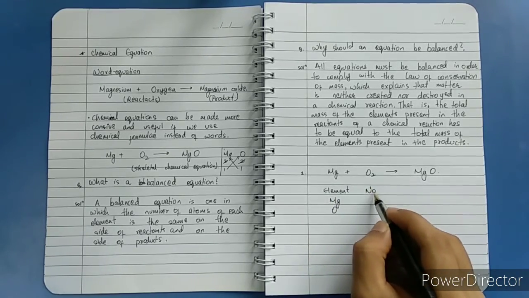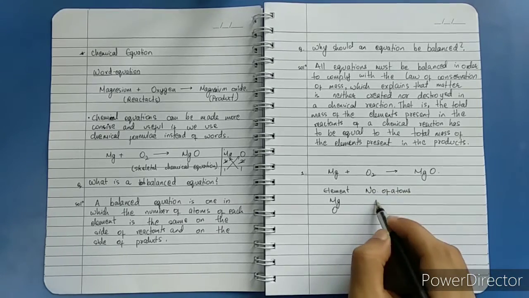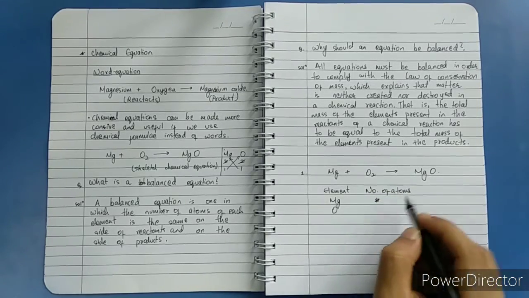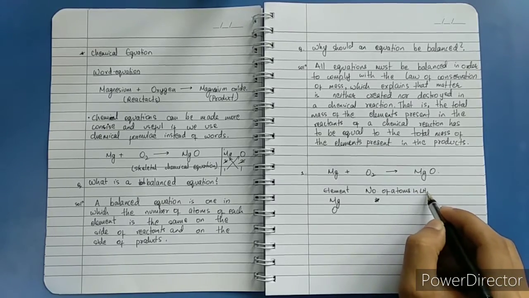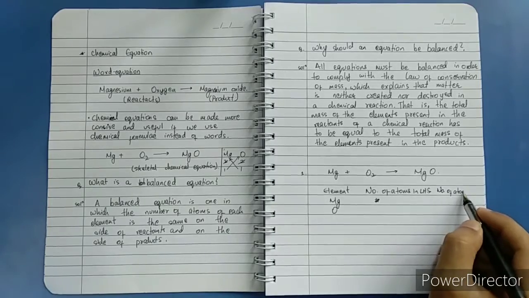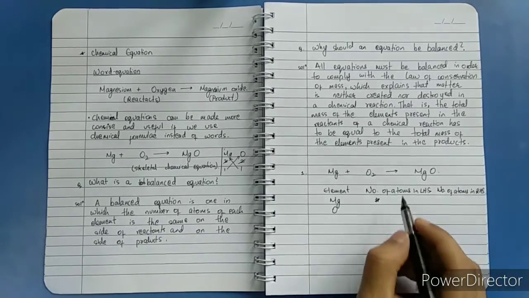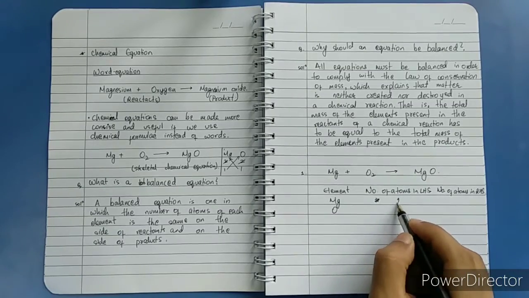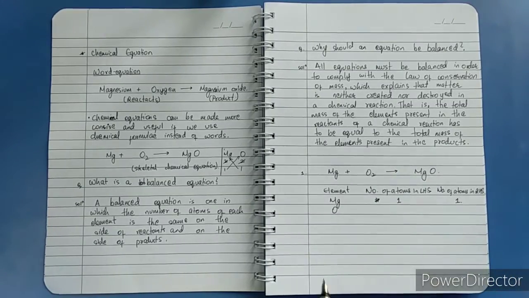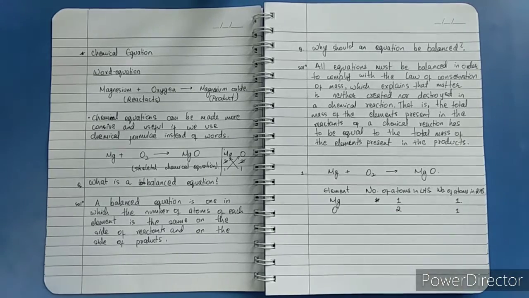Number of atoms in left hand side, number of atoms in right hand side. So in the left hand side magnesium is 1, on the right hand side magnesium is 1, left hand side oxygen is 2, right hand side oxygen is 1.